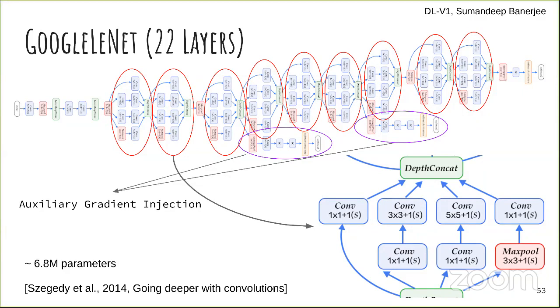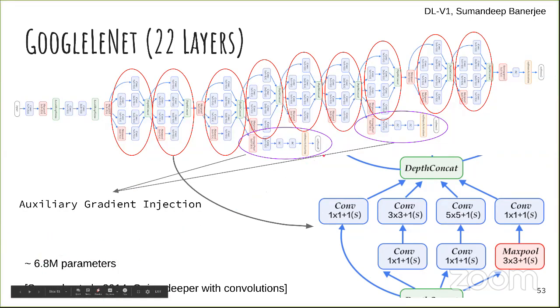And 6.8 million parameters helps you do that. So Google people are very efficiency conscious, and that basically went into the thought process of this network. And by doing all of these things, they brought down the number of parameters by a very large extent.